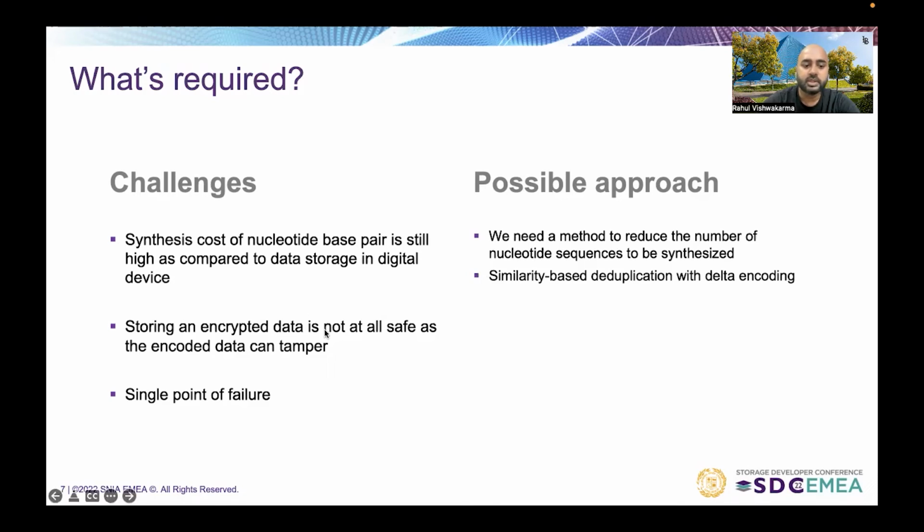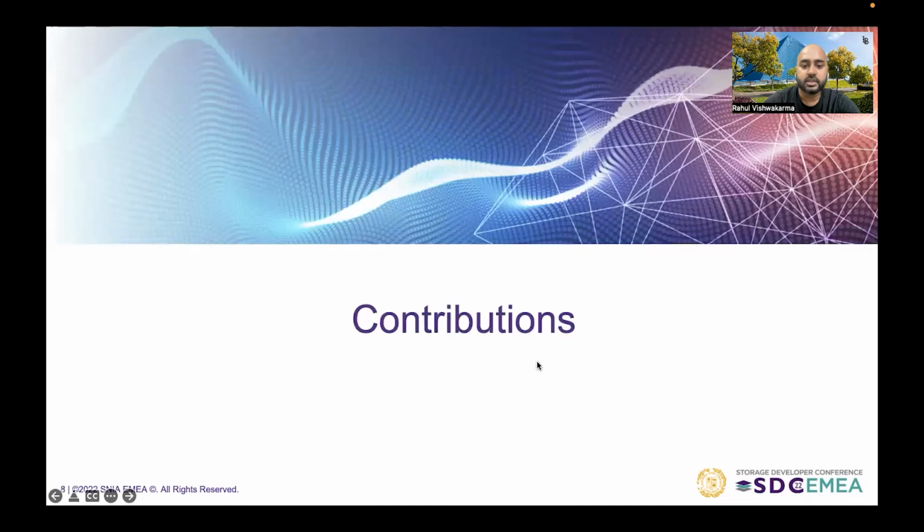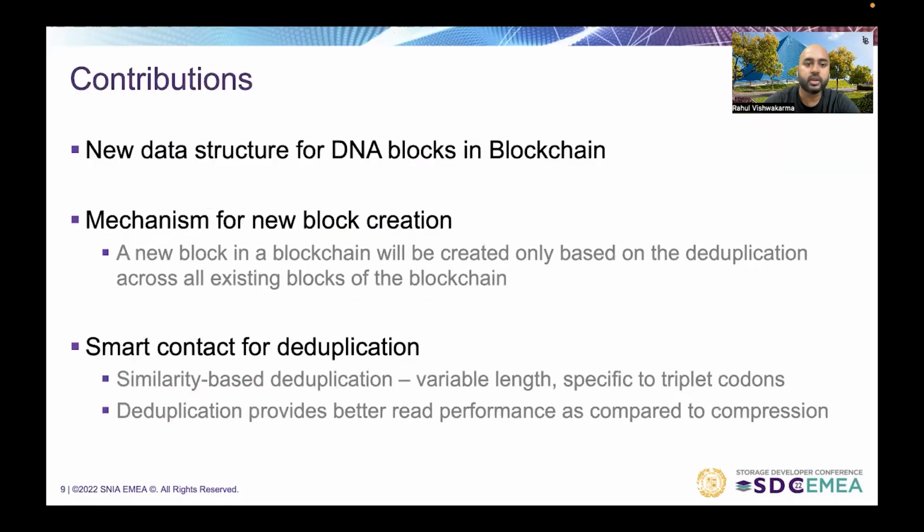For security, if we store the data in a blockchain, it's immutable, so they can't change it. For the single point of failure, we have decentralized storage of metadata in the blockchain. The last bullet point we will focus on more in the coming slides. Now, let's see a high level overview of the contribution which we are providing.